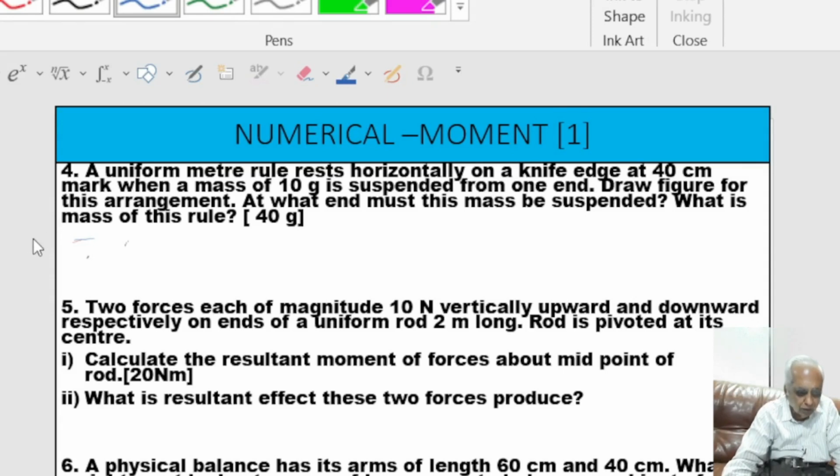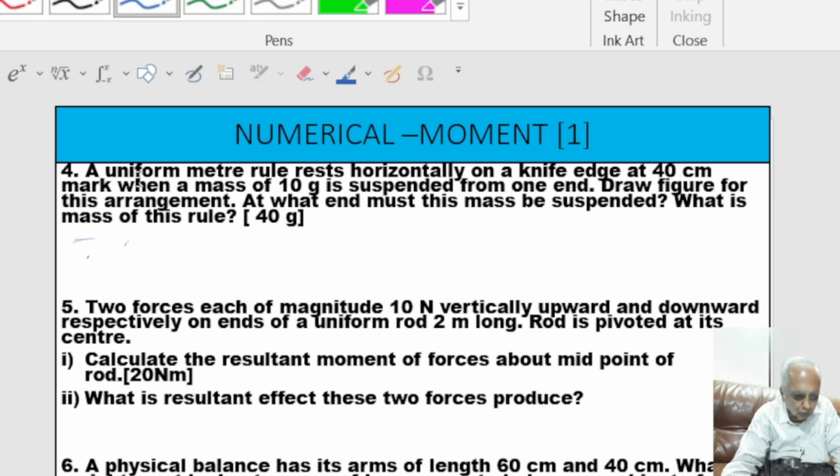Now let us do the next numerical. First read the sum carefully. It is a uniform meter rule. The data is given in word form. Uniform means the weight of the ruler will act at the center.